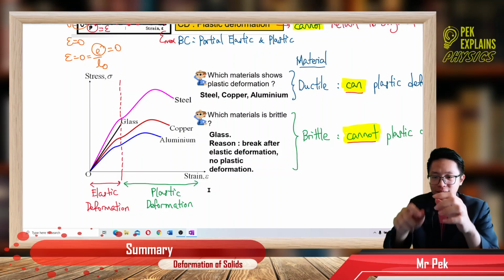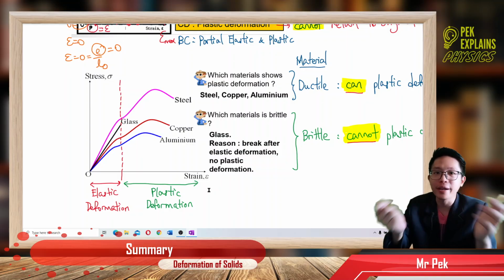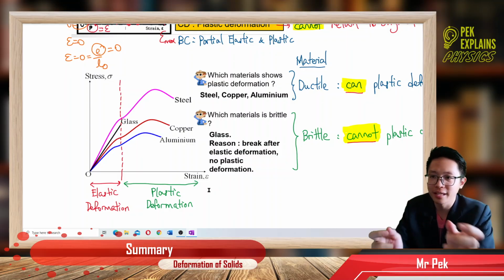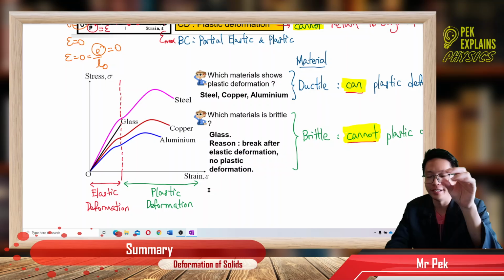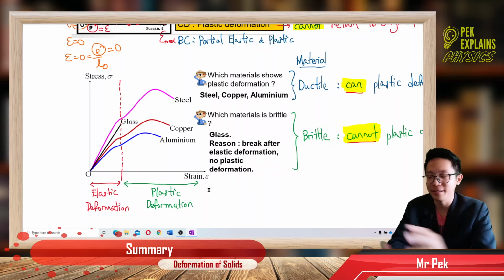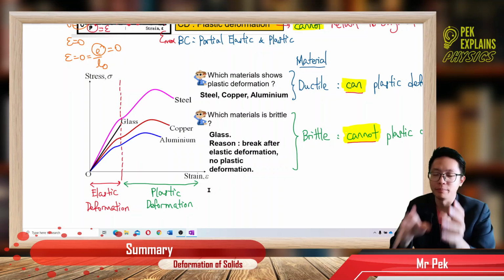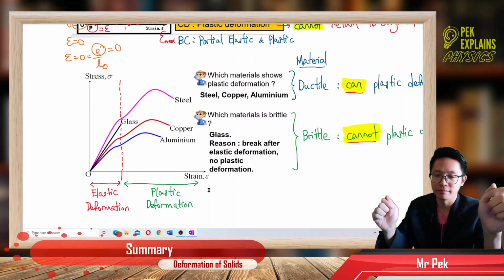Just like the chalk, you know, the chalk. You pull, it just breaks like that. You can never see the chalk elongate, unless you dip the chalk into the water or something. But brittle material can never elongate.